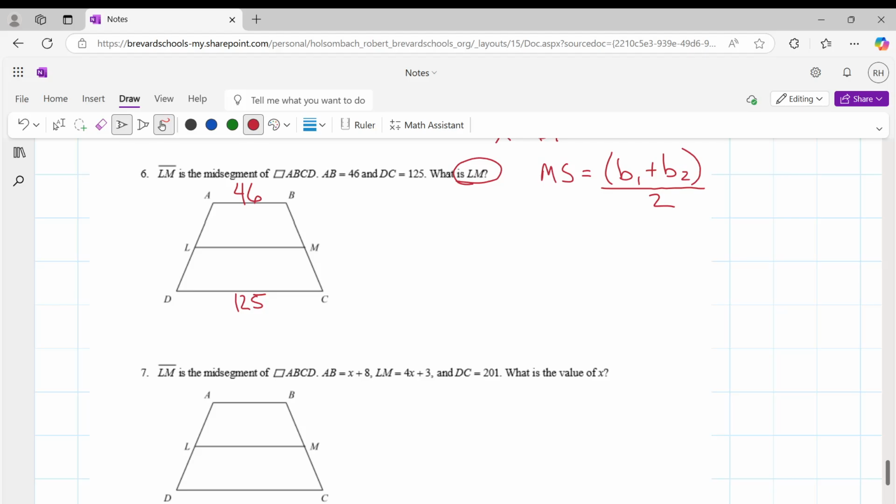So in this case, we can say that LM is equal to 46 plus 125, and all of that divided by 2. So 85.5.